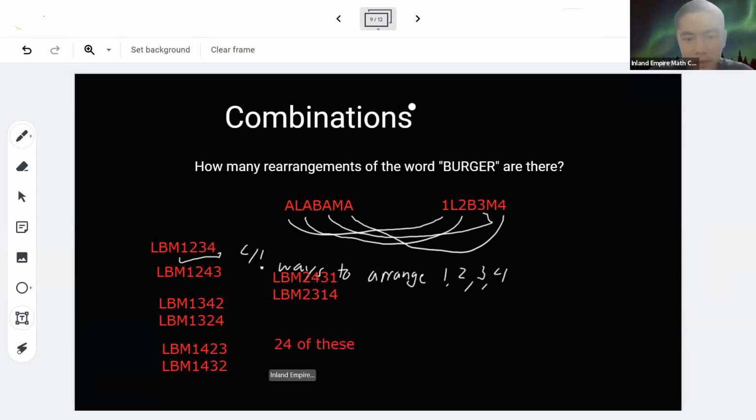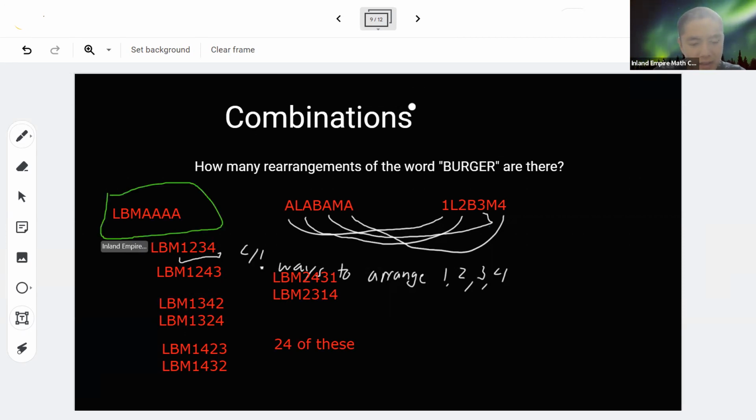However, remember, Olivia, what we did was we swapped all of the A's for these numbers. These numbers are actually the exact same letter, right? So all of these rearrangements that I just typed out actually all correspond to the rearrangement LBM A. That means all 24 of these arrangements actually correspond to one valid arrangement. So when you count all 24 of these, you really should be counting 1.